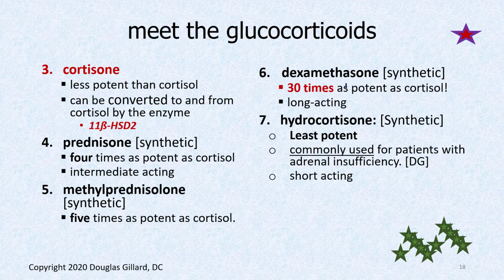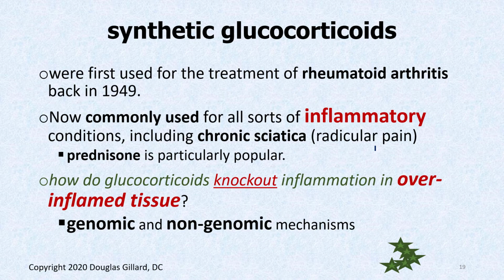Dexamethasone is 30 times as potent as cortisol. So that's a really, really powerful one. It's long acting. And then hydrocortisone is less potent than the other ones. It's another synthetic glucocorticoid. This is the one that we talked about in adrenal insufficiency. That's commonly used to control it. It's very short acting.